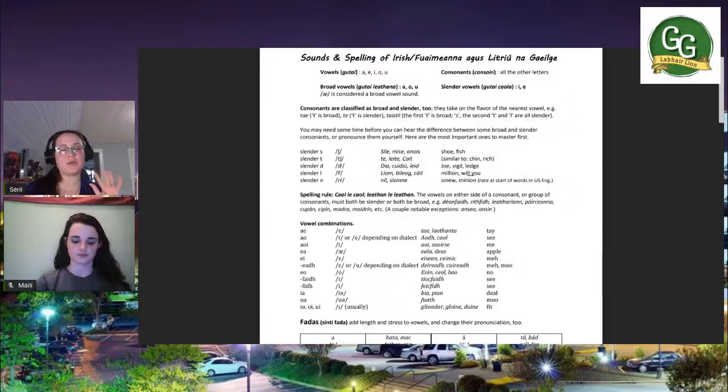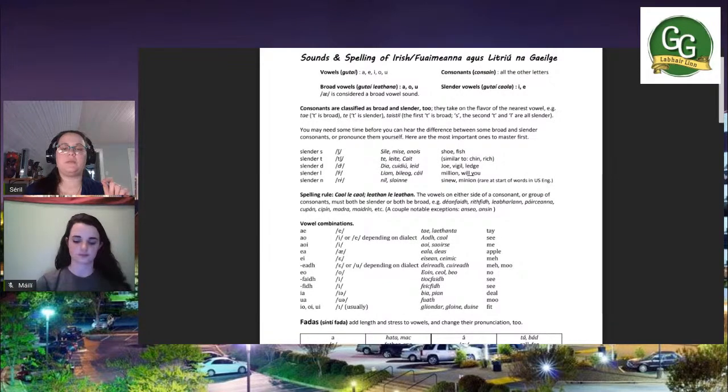The L, now I will be honest, the L is harder for me. I kind of memorize it as I memorize how to say the words, because I don't consciously remember to make the L's slender. But what it is, is adding kind of a y sound at the end of the L. So the hard L, of course, would be l, that full l sound.